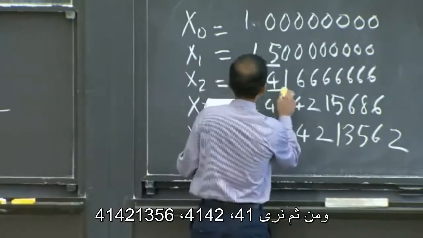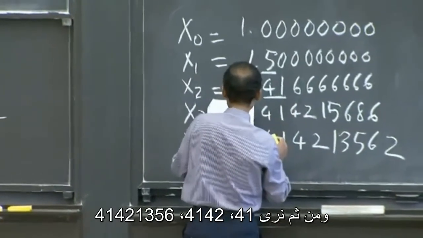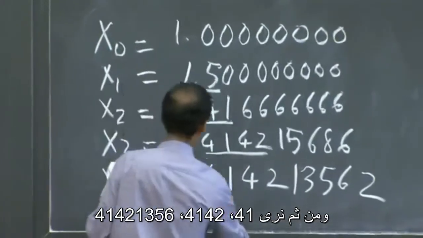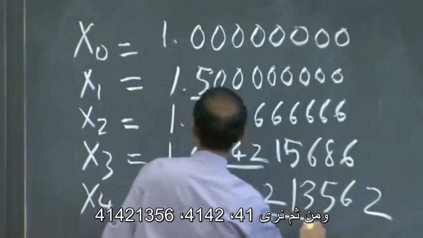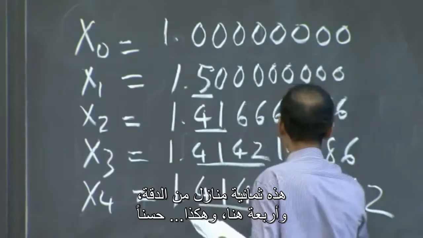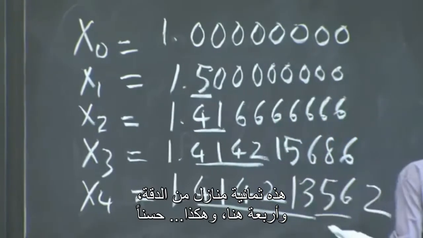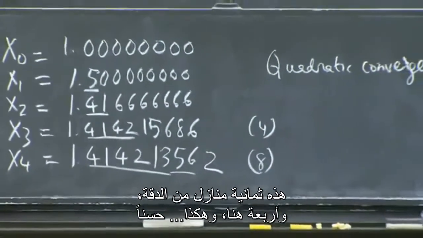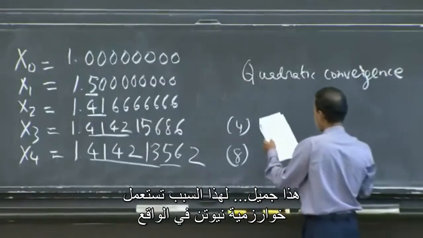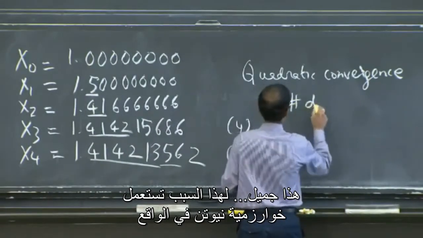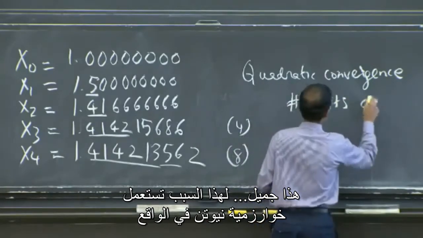And then now you're talking about 4142, 4142 13 56. So that's 1, 2, 3, 4, 5, 6, 7, 8. So that's 8 digits of precision here, 4 here, and so on and so forth. Okay. So that's nice. That's why Newton's method is actually used in practice, because the number of digits doubles.